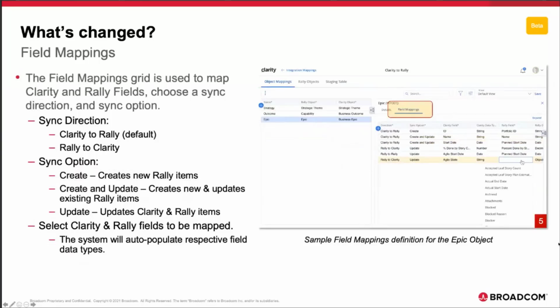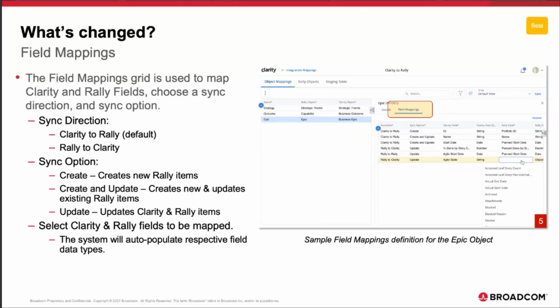Okay, so you do the object mapping, and now you step into map Clarity and Rally fields, and define which system will be considered the system of record in terms of syncing direction, Clarity to Rally or Rally to Clarity. So when using the direction Clarity to Rally, the system will create new objects. Well, let's call it an epic, and populate their corresponding fields, the name, description, start date as an example, in Rally.